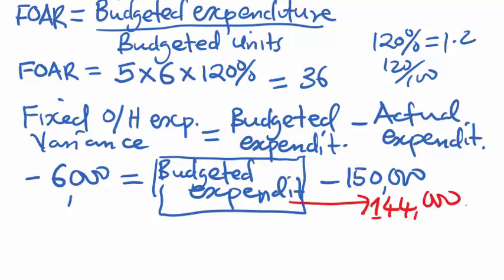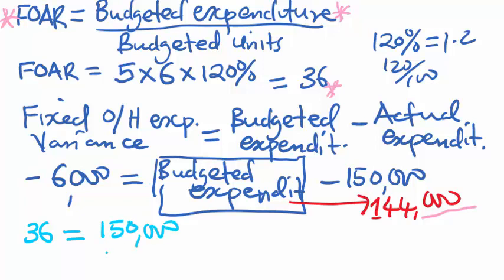Given that, you will notice that we've calculated this as that, and we've calculated this as that. We can therefore conclude that 36 is equal to 144,000 over the budgeted units.